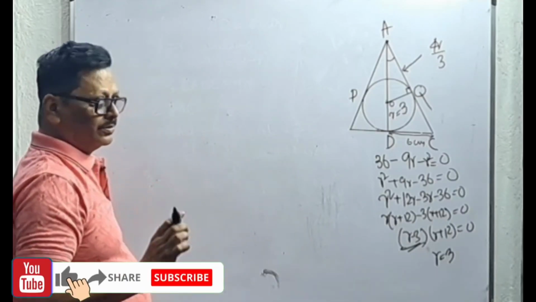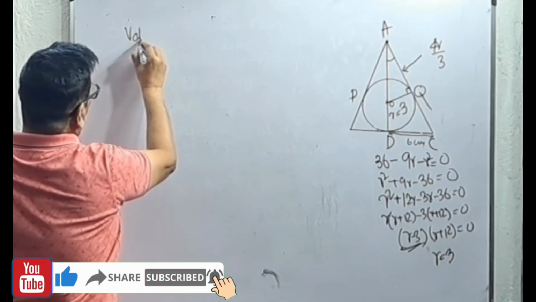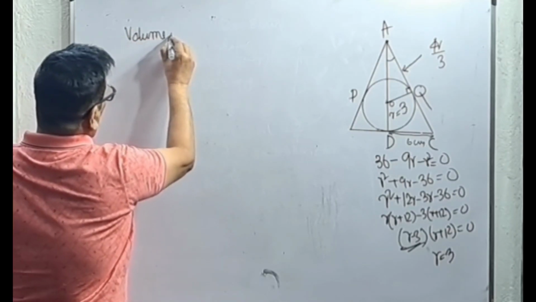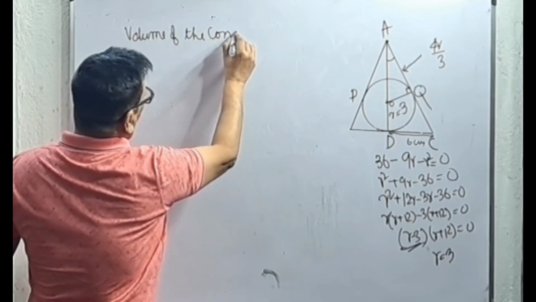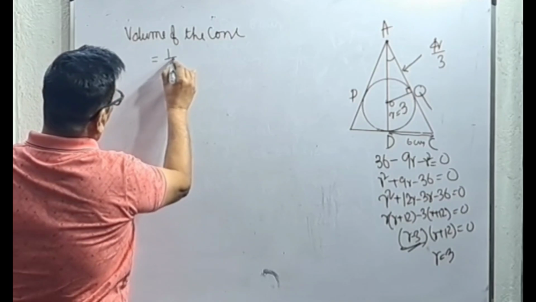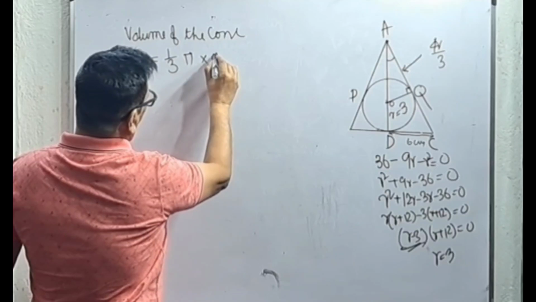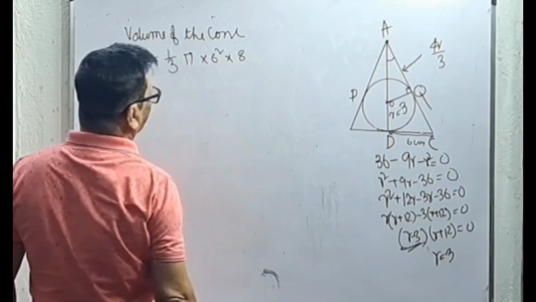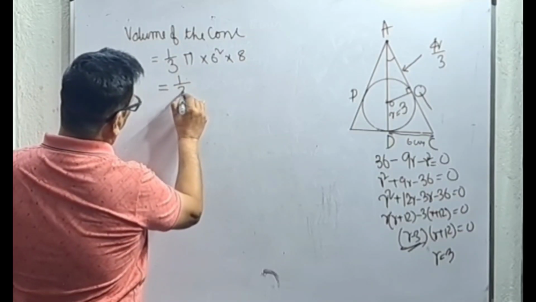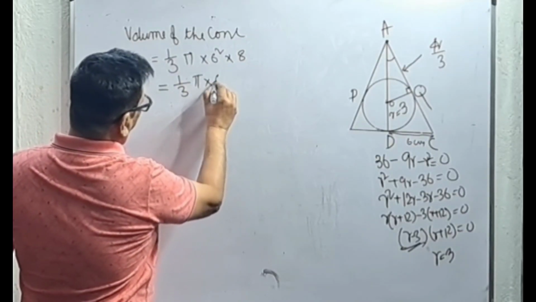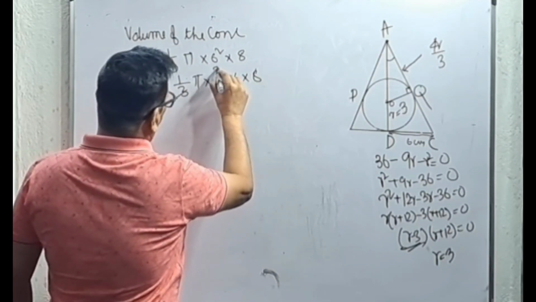So, if you talk about the volume of the cone, it is equal to 1/3 pi into 6 square into 8. Correct? So that gives you 1/3 pi 6 into 6 into 8. Cancel 2, you get 2.